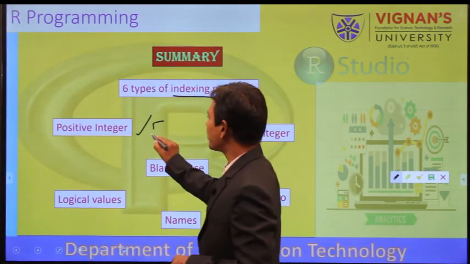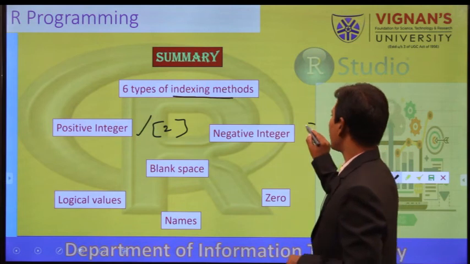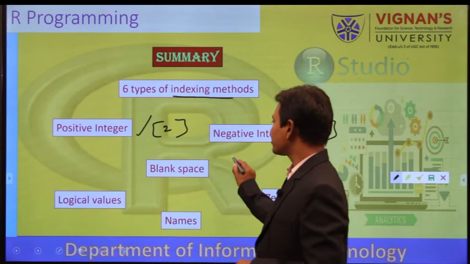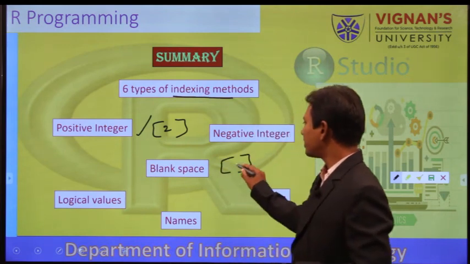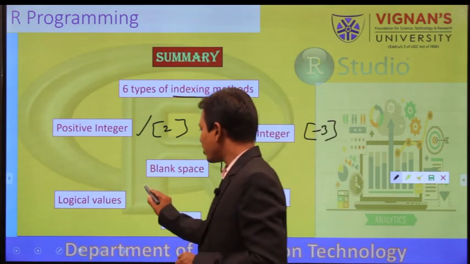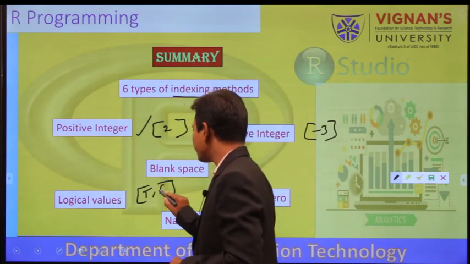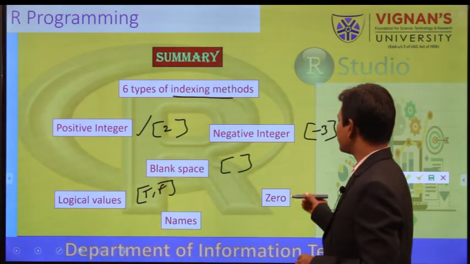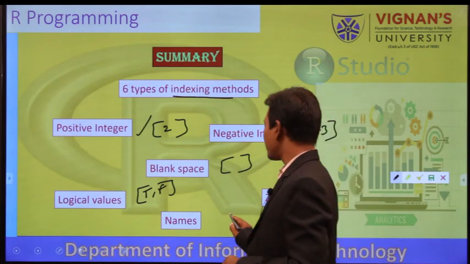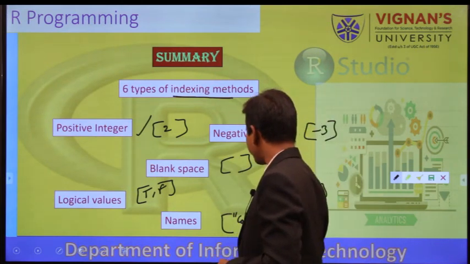Then a negative integer value. Then a blank space, where we leave the space empty. Then logical values, where we use either true or false. Then 0, where we use the 0. And names, where we use a column name.